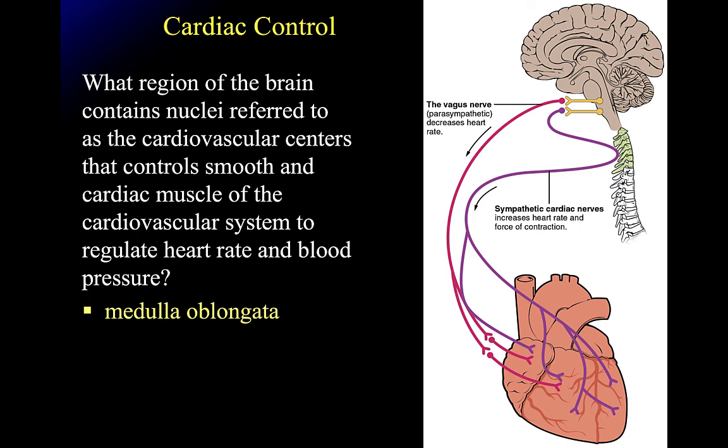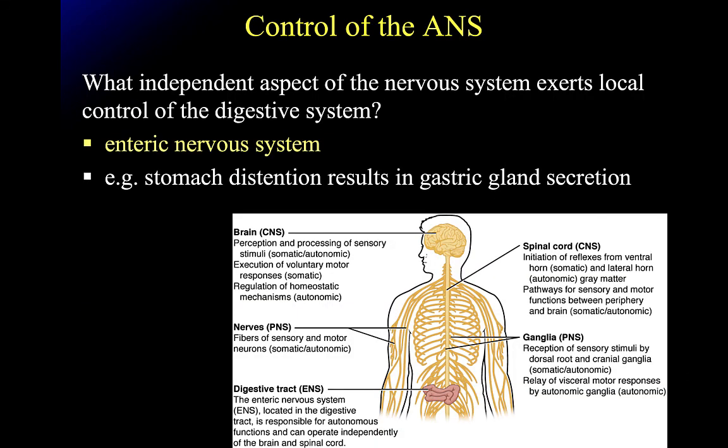That is the medulla oblongata, and this helps us to regulate heart rate and blood pressure. Now, if we kind of think about what's going on here, you can see that we've got the vagus nerve being able to carry information to the heart in the parasympathetic system. Parasympathetic will decrease heart rate. But we can also have, coming from this area, sympathetic cardiac nerves, which work their way down to the heart, and of course, these are going to increase heart rate.